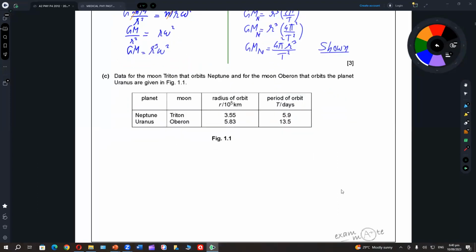Data for the moon Triton that orbits Neptune and for the moon Oberon that orbits the planet Uranus are given. So we have the data here. Look at the data: radius of orbit, period of orbit.